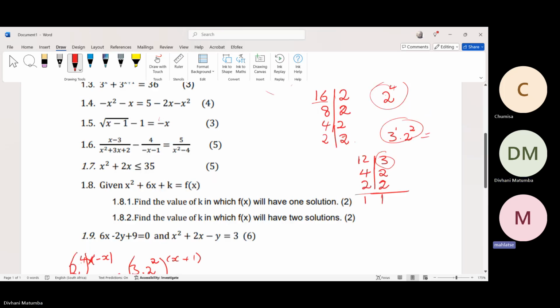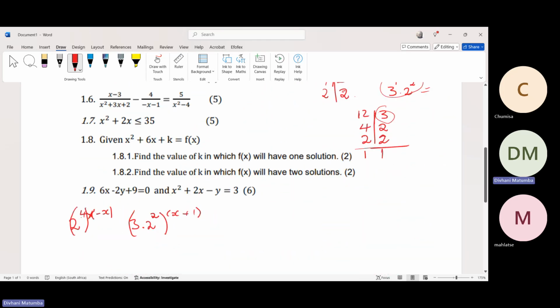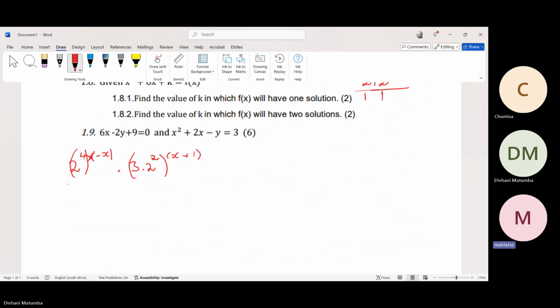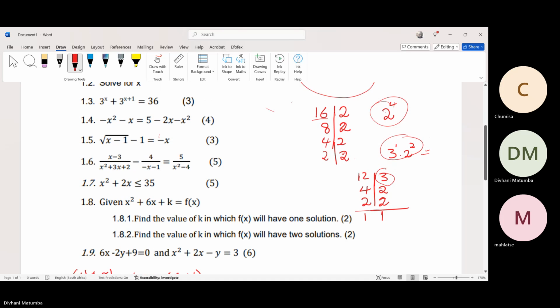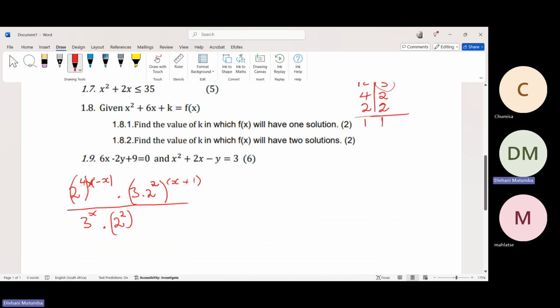Then underneath we will have 3 to the power of x. Do we agree that 3 is a prime number? Yes, sir. It's going to be to the power of minus x.